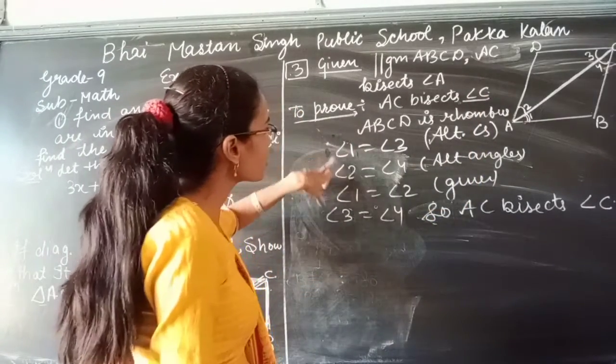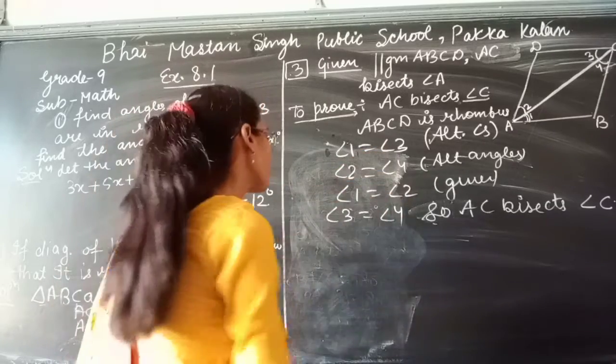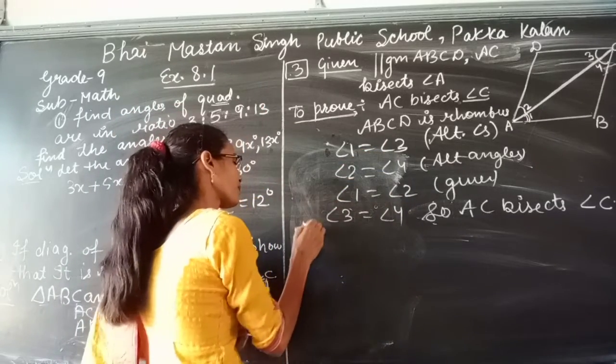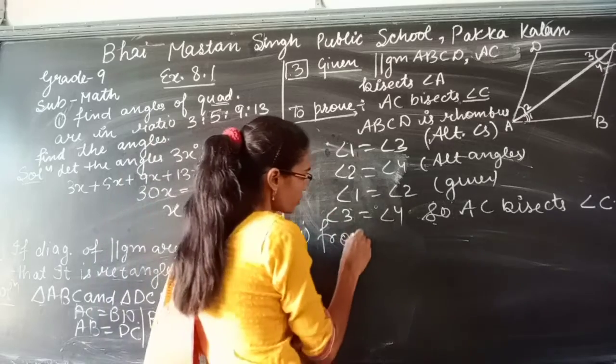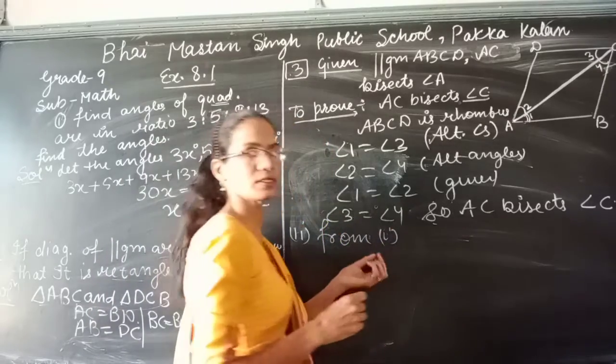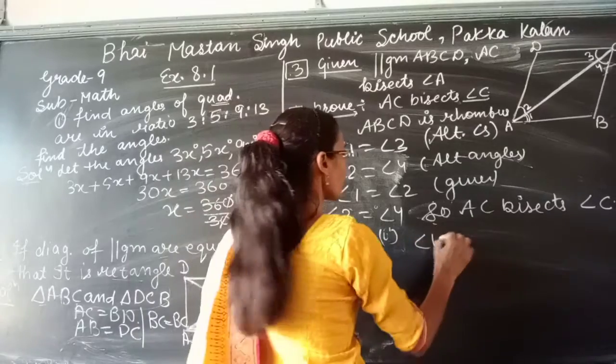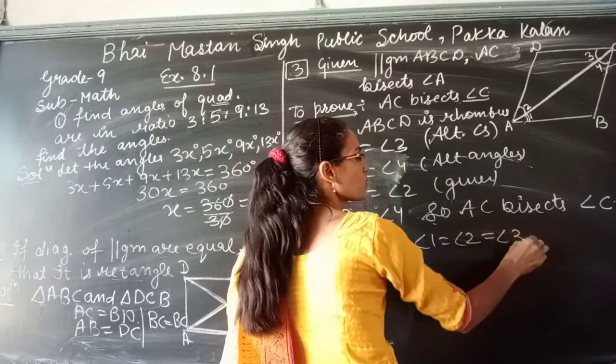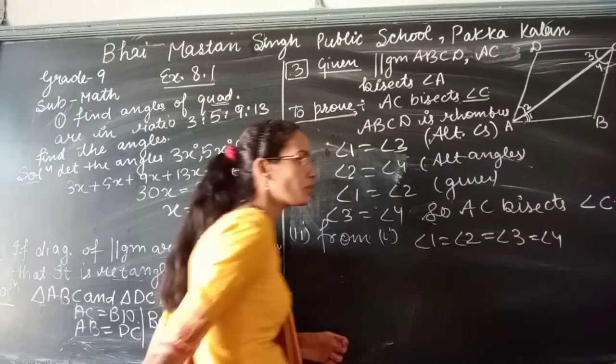Next, now angle 1 is equal to 2, and 3 is equal to 4. So you write angle 1 is equal to angle 2 is equal to angle 3 is equal to angle 4.